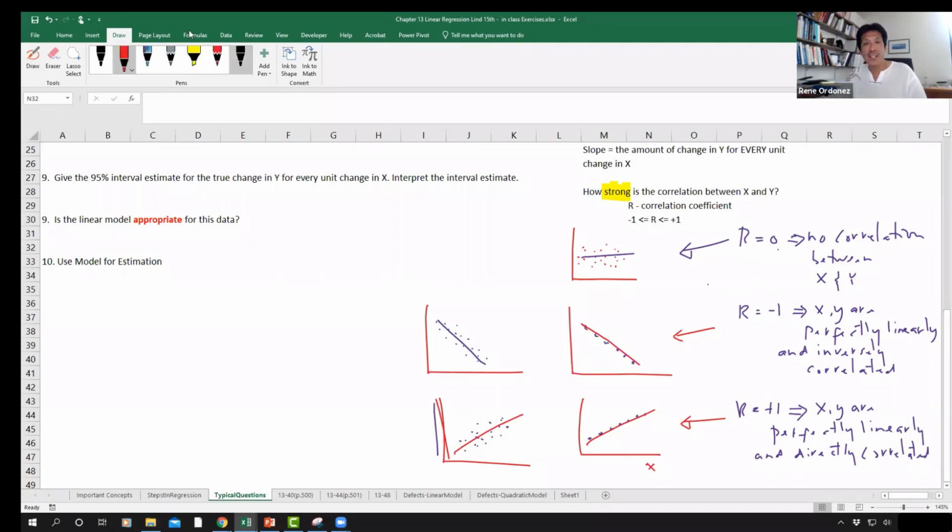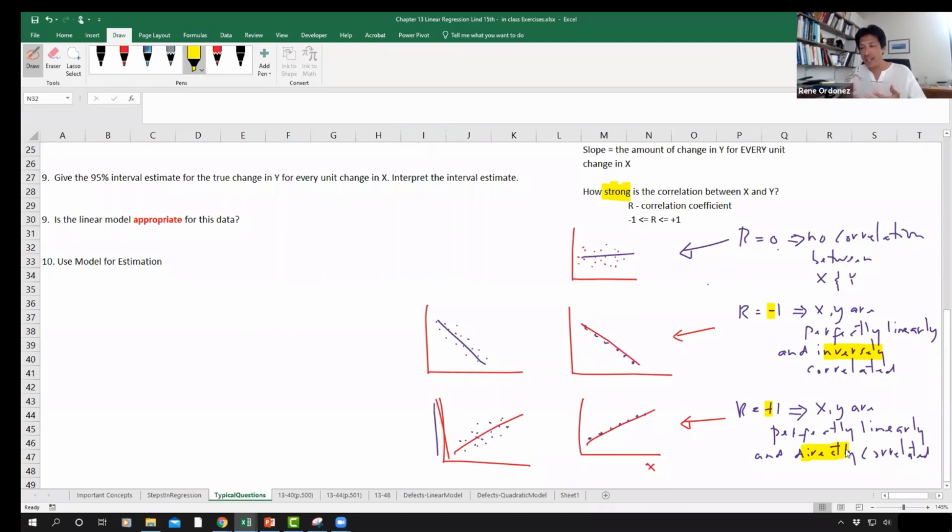Now, the sign that you see here and here is not an indicator of the strength of correlation between X and Y. The sign of a correlation coefficient simply tells us whether the relationship is inverse or positive, or direct.